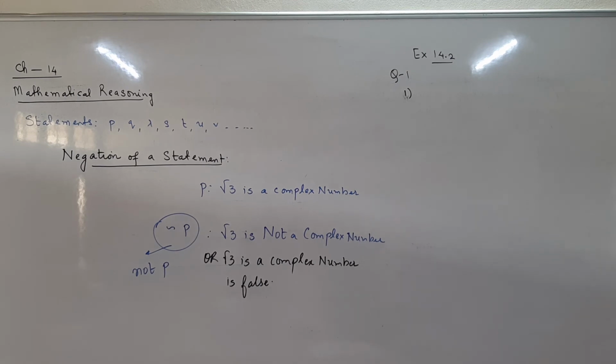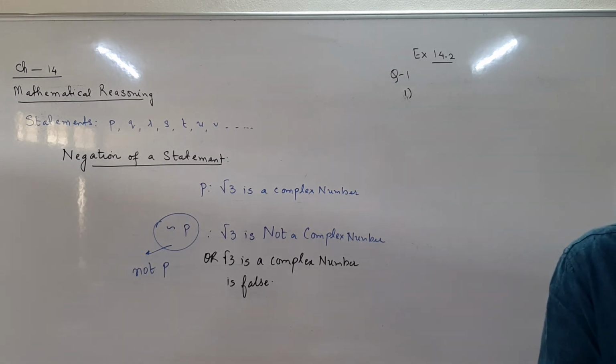The more you revise the definition, the more you revise the concept, then indeed you will be thorough with this particular topic. The 15th chapter we have already done, the 14th we have started, and after the 14th chapter students will be doing probability, which is chapter number 16. Okay students, so write the negations of the following statements.